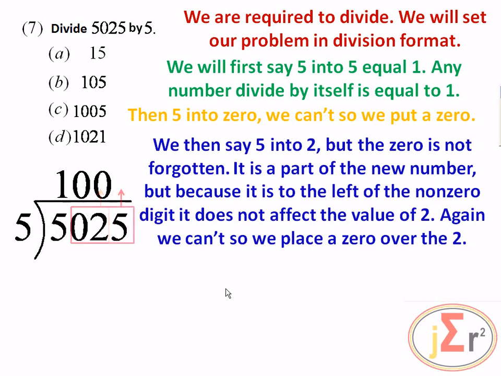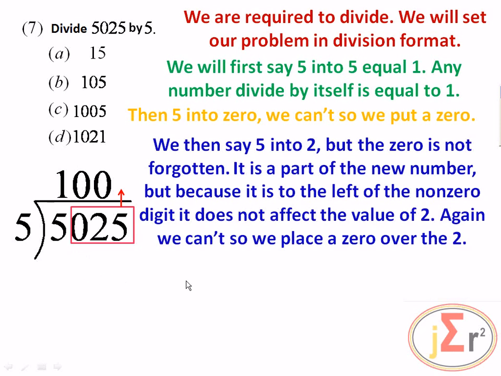So what do we say? 5 into 0, 25. Right. So we are really saying 5 into 0, 25. But the 0 does not affect the value of the number. So what we are doing is with the consideration that the value of the number is just 25. But we have to have the principle in our mind that we have not thrown away the 0. It is a part of the number, but it does not contribute to the value of the number.